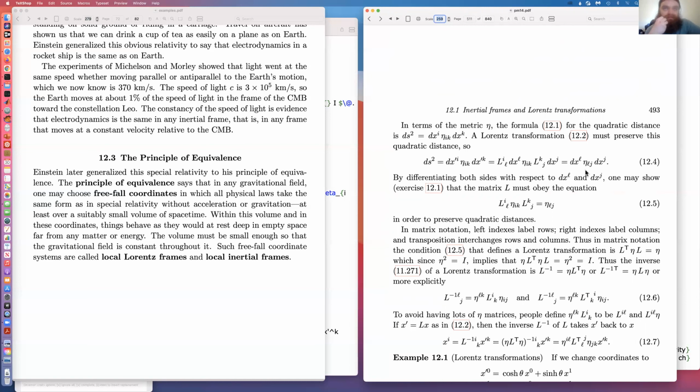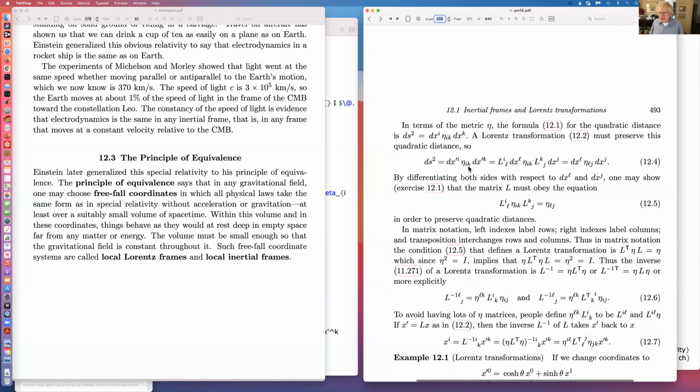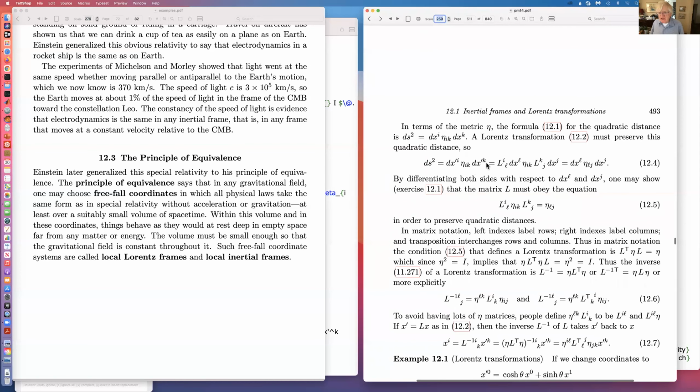Now, that's actually only true in general relativity, where instead of eta_ik, you have g_ik. But in special relativity, it's true as long as the set of coordinates you use are those for an inertial frame, or an inertial frame under a Lorentz transformation.